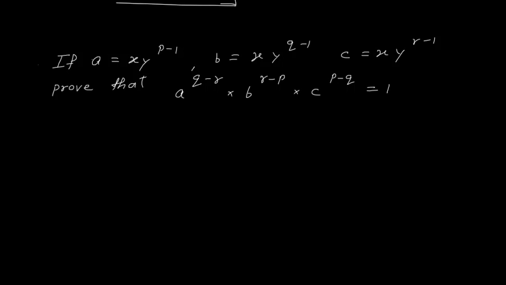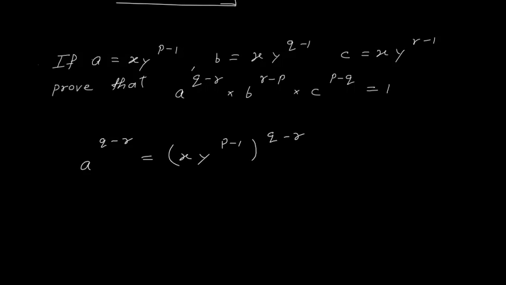So what we will do? Again a challenging question. So let us define what is A power q minus r. Now A power q minus r is x into y power p minus 1 the whole power q minus r.